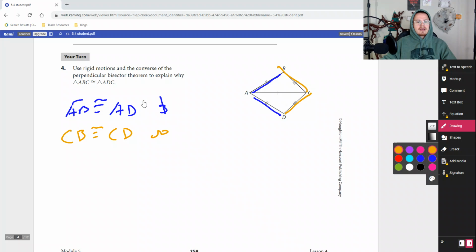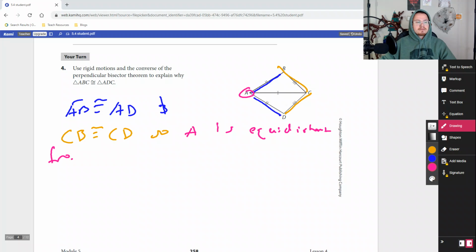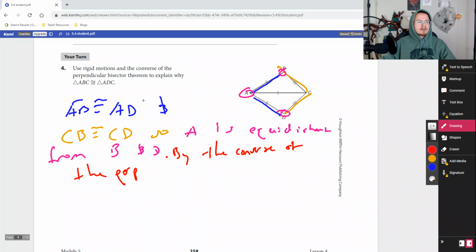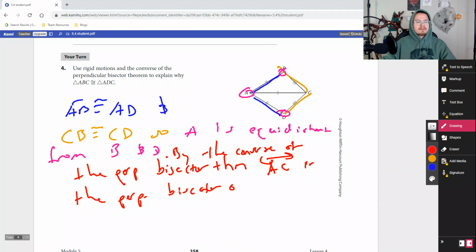So we can say that point A is equidistant from B and D. Okay, by the converse of the perpendicular bisector theorem, the line AC is the perpendicular bisector of BD.